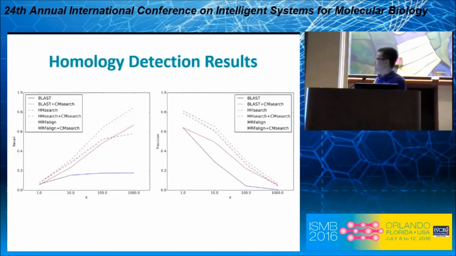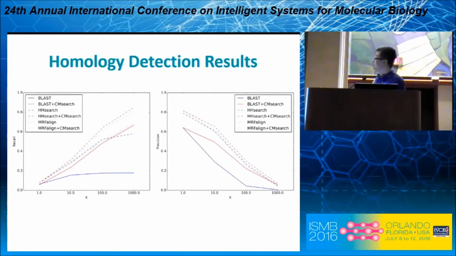So the first experiment we did is we want to see, comparing with the original sequence similarity search methods we use, how much improvement we can gain. For that purpose, we asked the three sequence similarity search methods to return the top K predictions for each target. And then we measure the recall and the precision among the top K predictions comparing to the ground truth homologs.